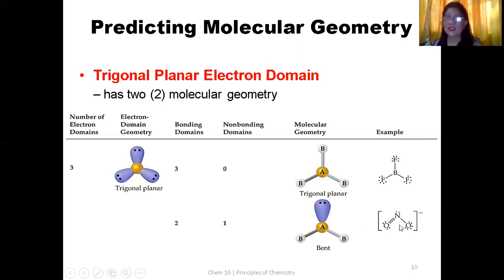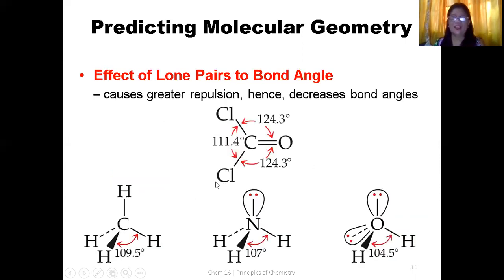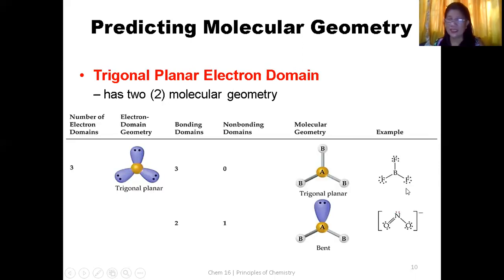There will be only 2. Then how many non-bonding domains? There is one on top, non-bonding, an electron pair. And this nitrogen dioxide is in a form of trigonal planar. Okay, so how are we going to predict the lone pair? The lone pair is this one on top, the excess.